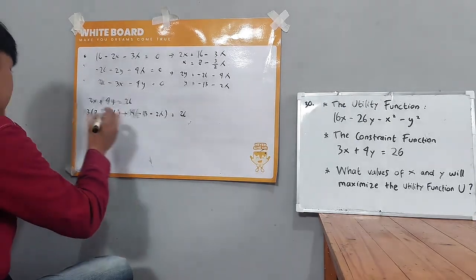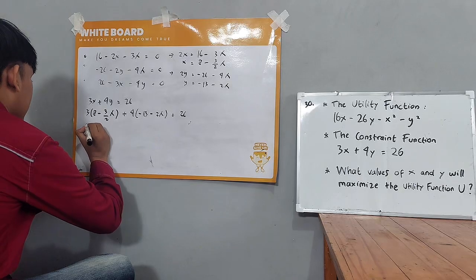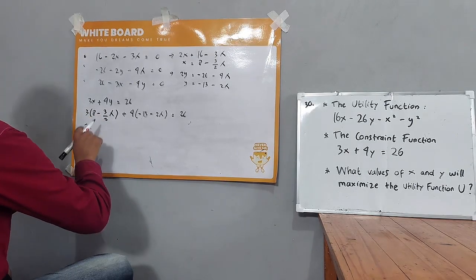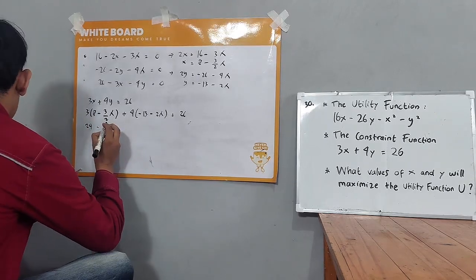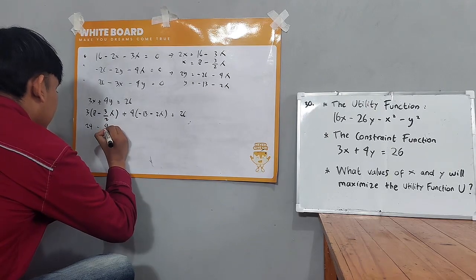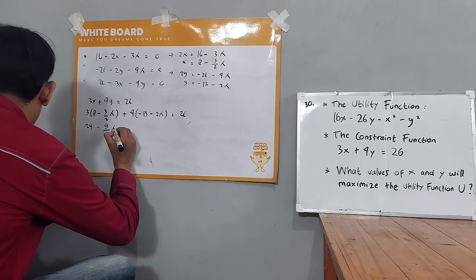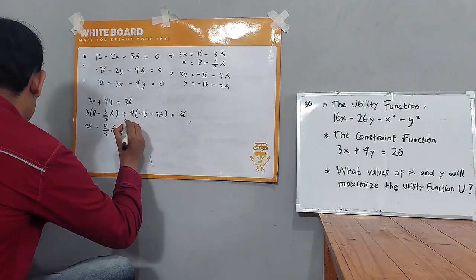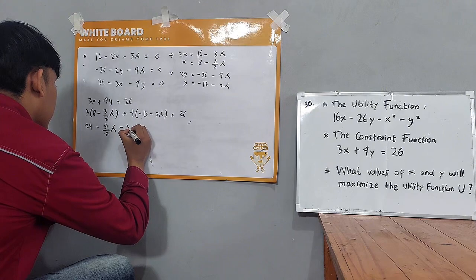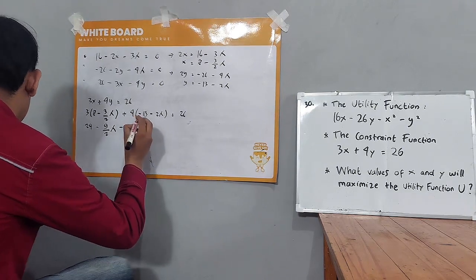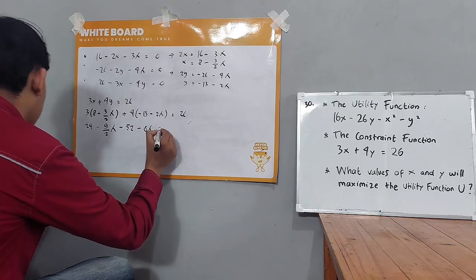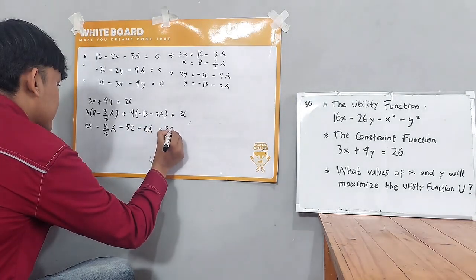Next we simplify. 3 times 8 is 24, minus 9 over 2 lambda, plus 52 minus 8 lambda equals 26.